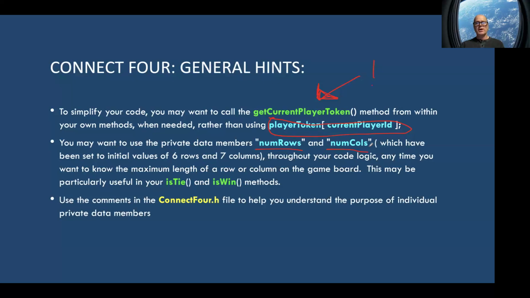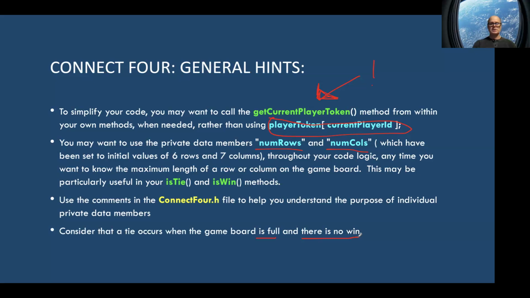And when in doubt, go back and study your blueprints. Look at your connect4.h to make sure you are picking up on all the hints and comments that I leave for you in there. A tie occurs when the game board is full and there is no win. That's one clue you might want to consider.